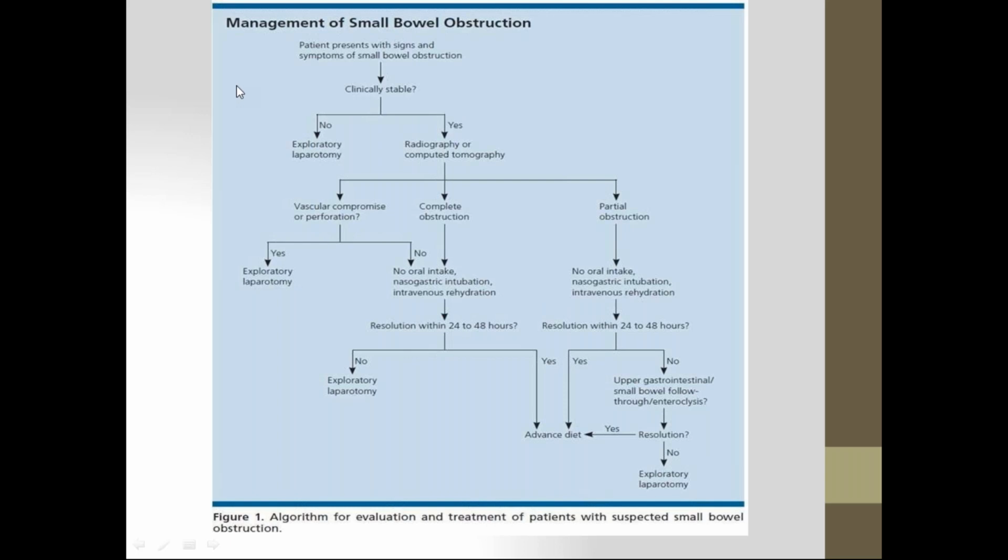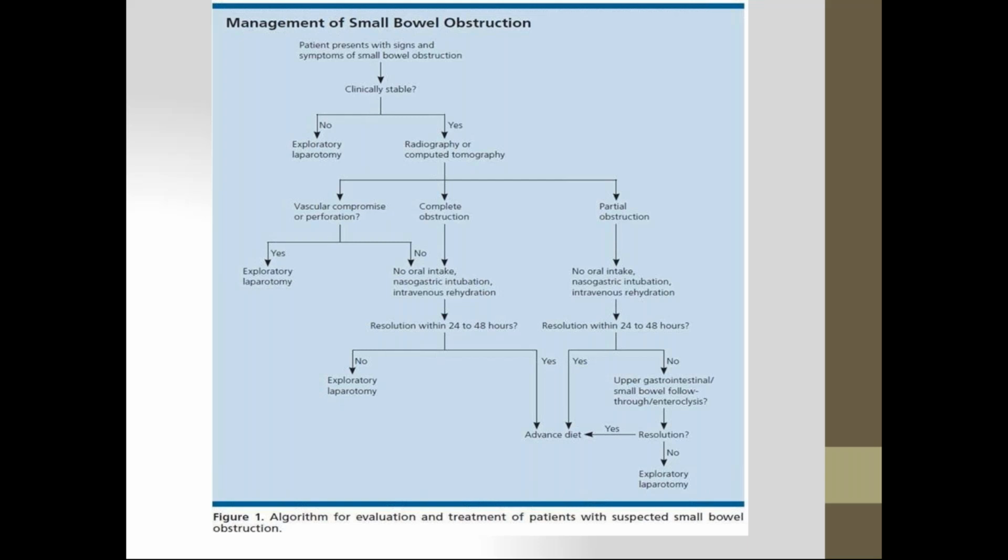So today we'll finish by discussing the management of small bowel obstruction. One important thing you need to remember before treating any intestinal obstruction case is that there will be fluid loss because of third space accumulation.